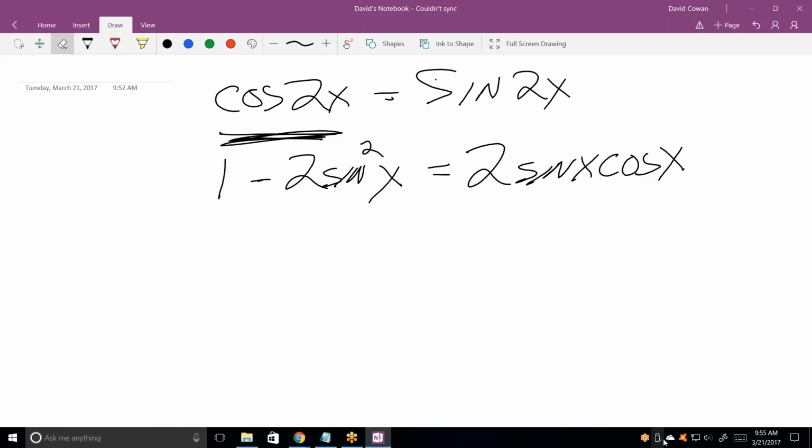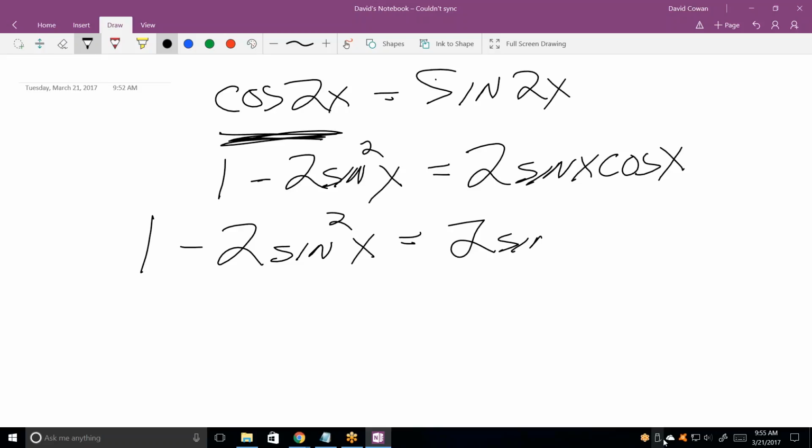You could call it the sine of x plus x, use the sum and difference, but that's still going to give you some combination of sines and cosines. Well, let's proceed with this and see what happens. I'm going to put everything in sine. Means this becomes square root of 1 minus sine squared x.